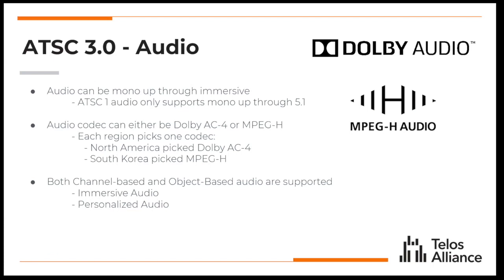Both of these have a very similar feature set as far as object-based audio, channel-based, personalized audio, and immersive audio, and things of that nature. So it's kind of, you know, are you driving a Ford or are you driving a Chevy? Really is kind of what it works out to. But here in North America, Dolby AC4 is the chosen audio format.